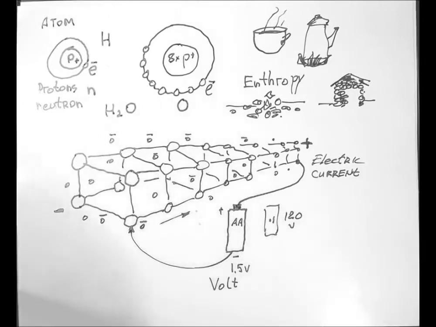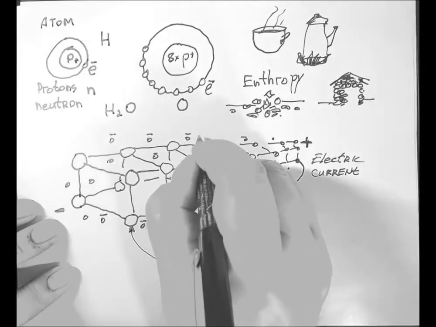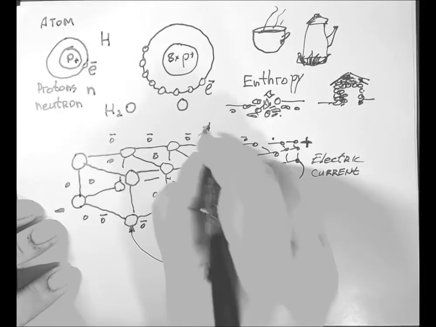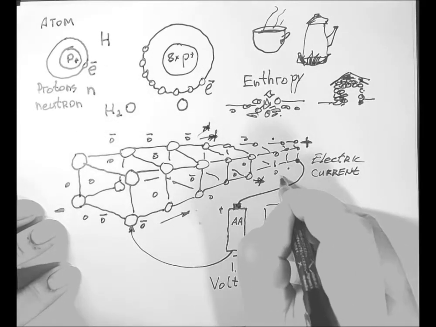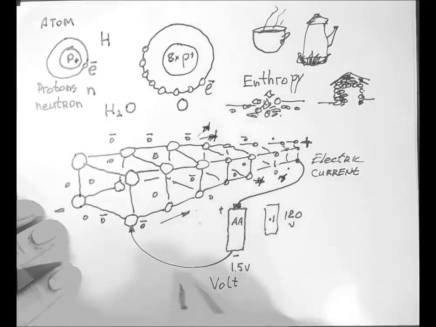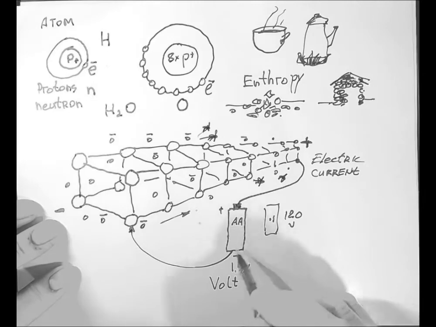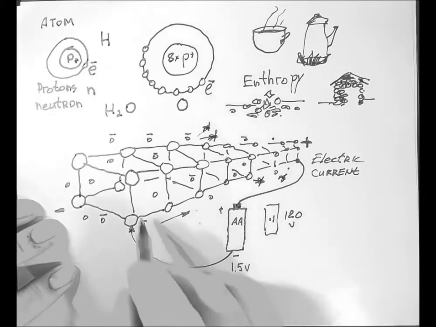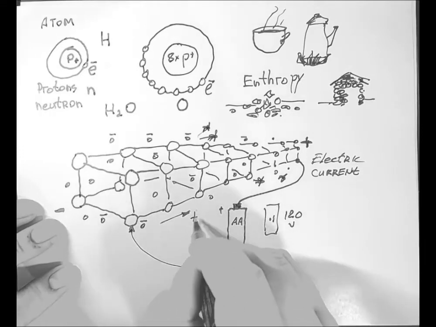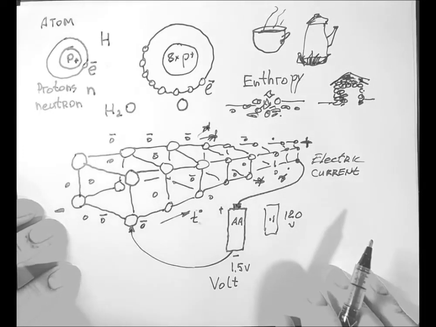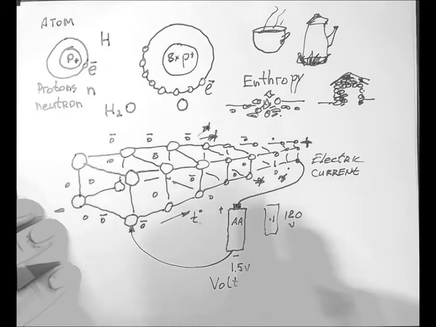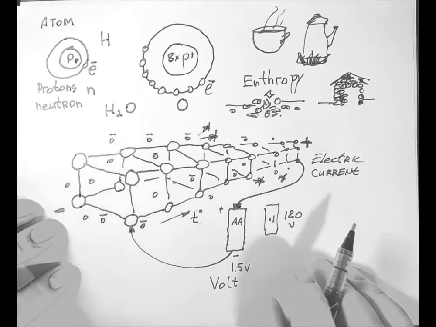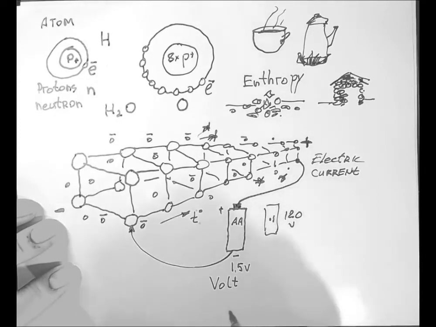But when they bump, they will create the energy of the bumping, so the electrical energy of the chemical reaction inside the battery will be transformed into the temperature of this conductor. And eventually the temperature can go very high, like it happens in a light bulb.